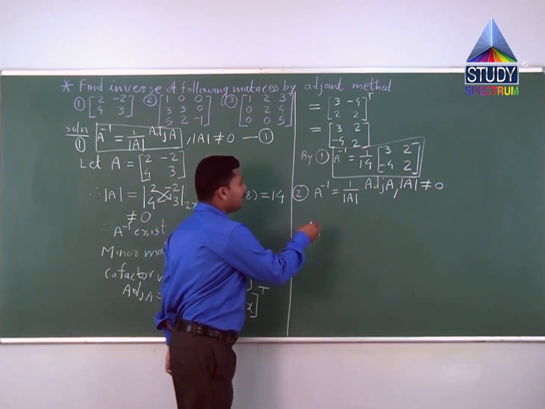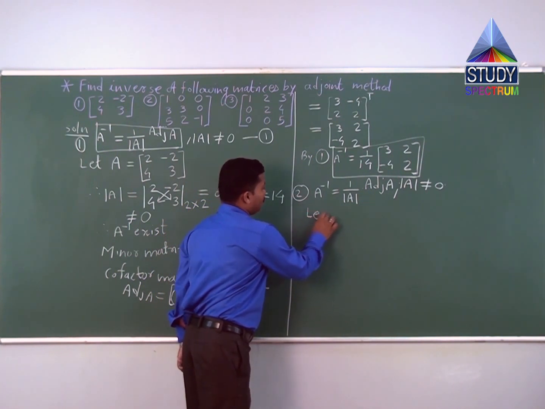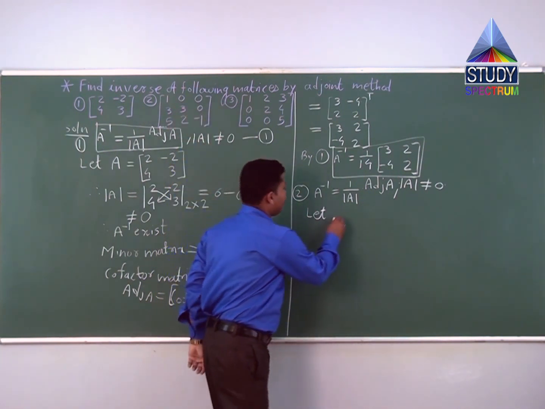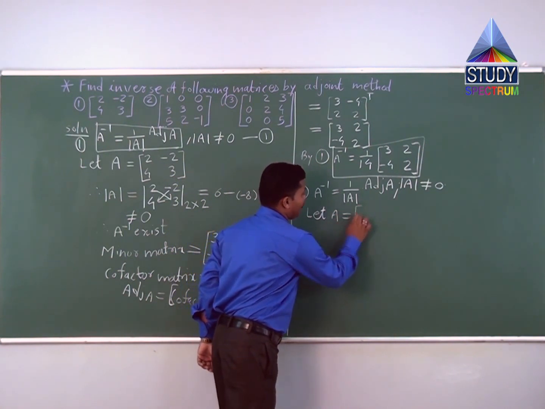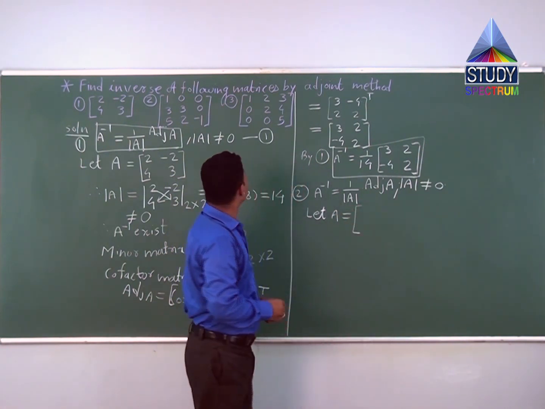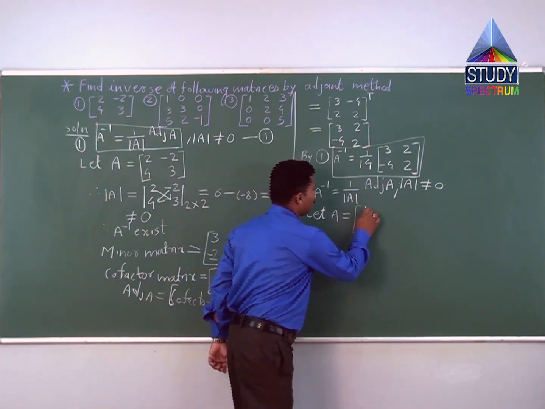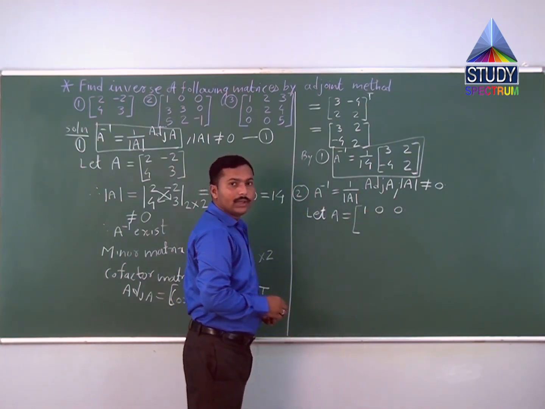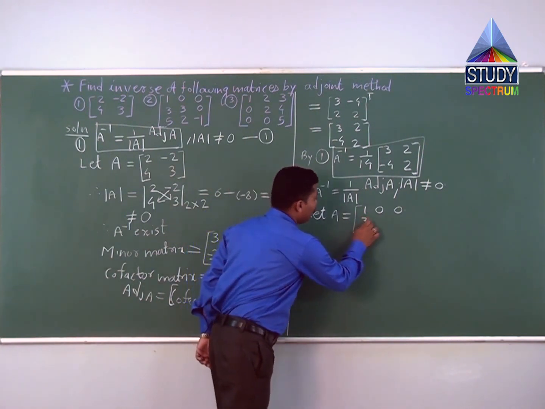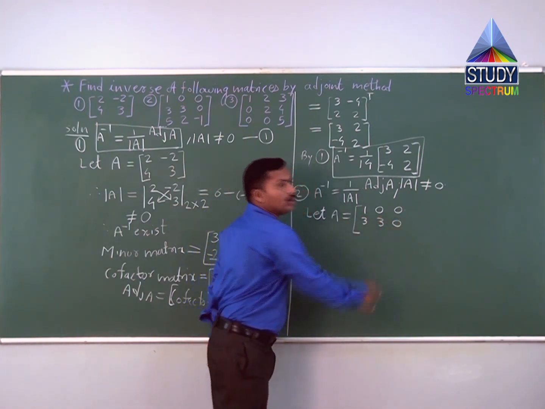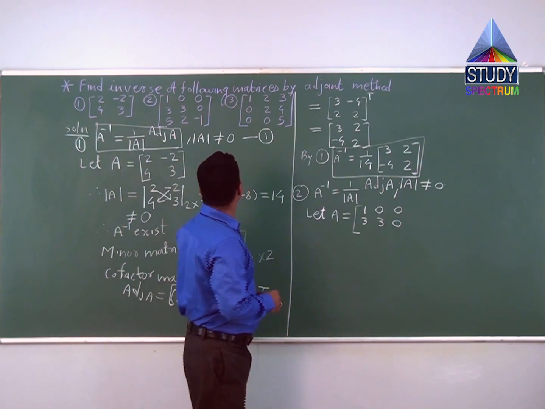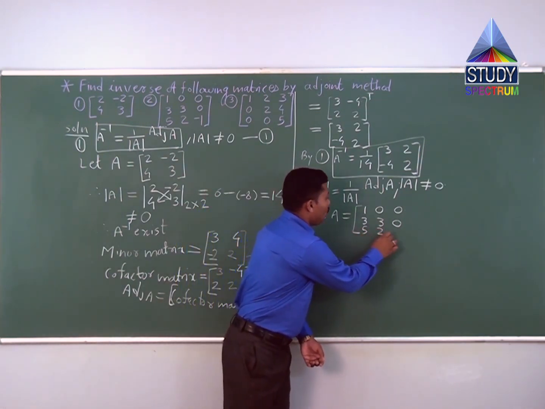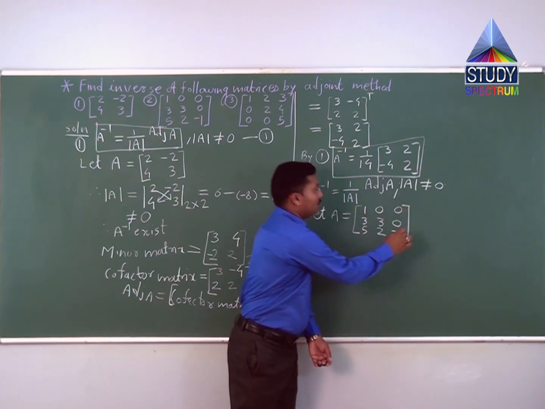Also we find the determinant of A. So let A equal to this matrix. A equal to the given matrix: first row 1 0 0, second row 3 3 0, and last third row 5 2 -1.